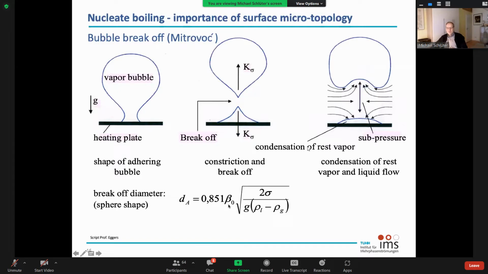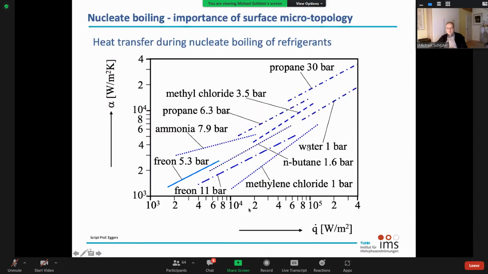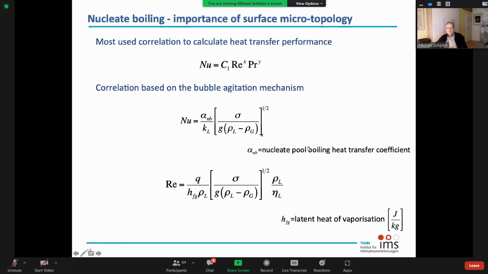So we don't need this and the beta, because this can be taken into account in any other coefficient. But what we need is the physical background here of the critical diameter. So we introduce this critical diameter here. You see sigma divided by g, density difference, square root. We use this as critical diameter.